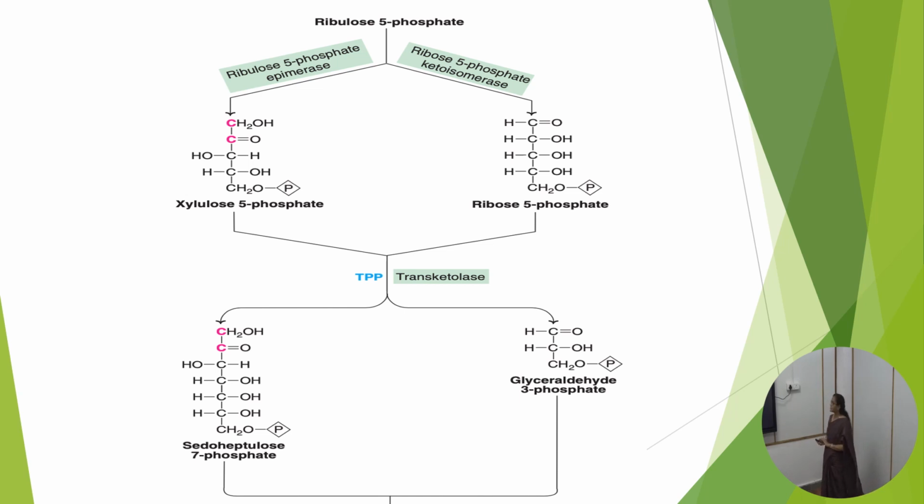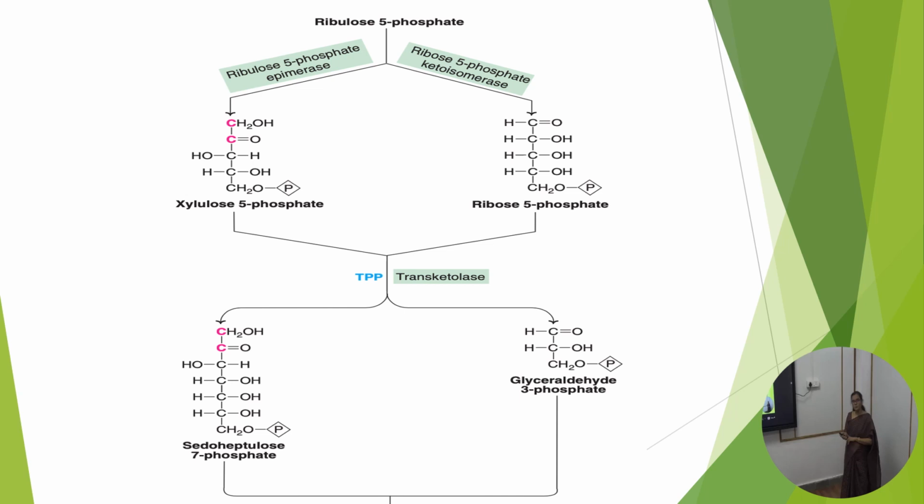And next reaction is catalyzed by the transketolase enzyme, which is dependent on TPP, that is thiamine pyrophosphate. So this transketolase enzyme acts on xylulose 5-phosphate and transfers 2-carbon moiety of xylulose 5-phosphate to ribose 5-phosphate.